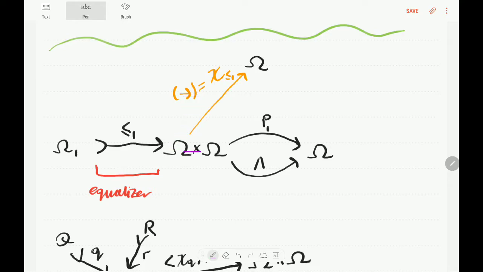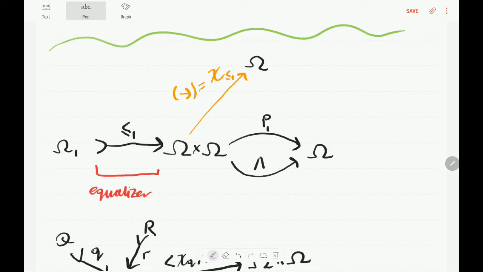It's an arrow from omega times omega to omega. But there's various gadgetry related to this, and there's some pretty interesting kinds of relationships that we're going to see with these Hom functors and subobject classifiers in set to the power of C.